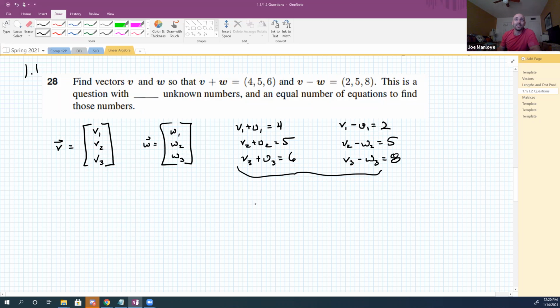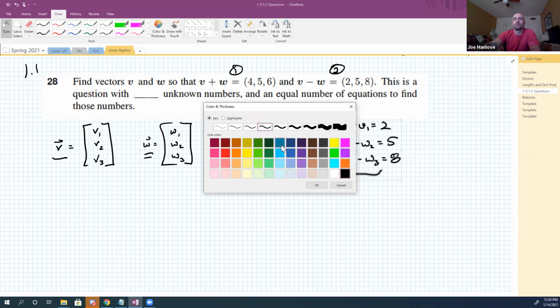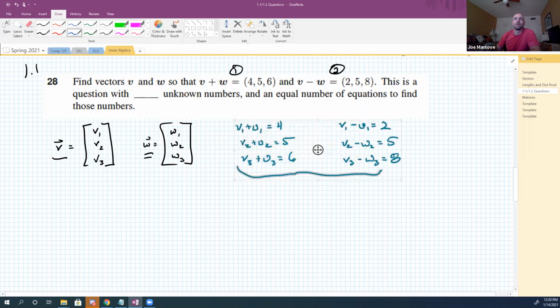I would look at this and say there's an equation and there's an equation, and my variables are v and w. Or you can look at it this way and say that this is 6 equations with 6 variables.